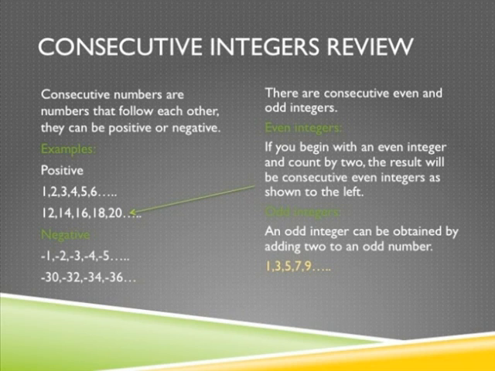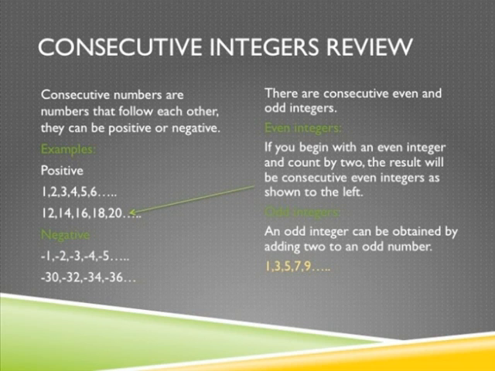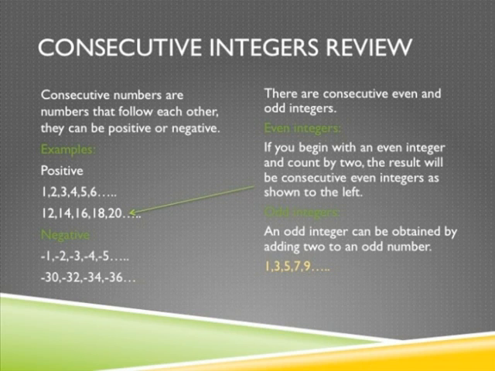If you begin with an even integer and count by 2, the result will be consecutive even integers as shown to the left, where you see 12, 14, 16, 18, and 20. An odd integer can be obtained by adding two or more odd numbers.